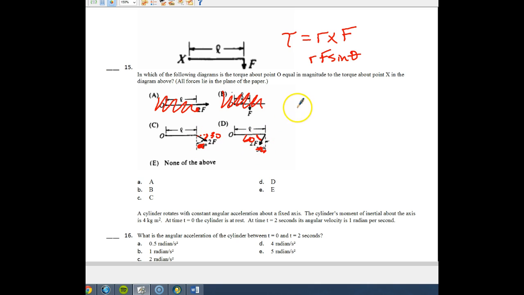And so for letter C, you can take 2R times F times the sine of 30 degrees, and that gives us R times F, which is really L times F, and that's the same as this one. So the only answer you can pick for this one is letter C. That's really kind of an evil thing to do. And that is number 15, and we will stop on that one.